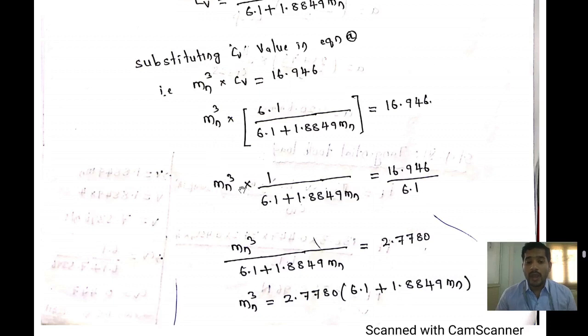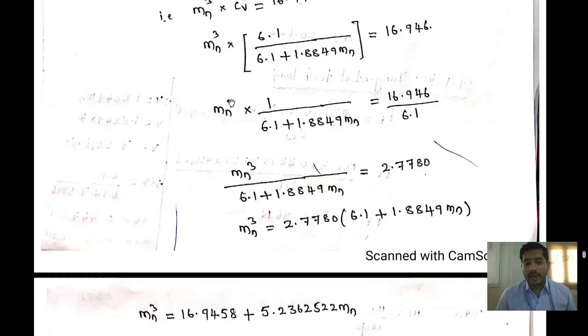Here 6.1 is common, otherwise you can divide 16.946 by 6.1. So the remaining is 1 by 6.1 plus 1.8849 Mn. Clear? After that you multiply Mn cube by 6.1 plus 1.8849 Mn, equal to 2.7780.